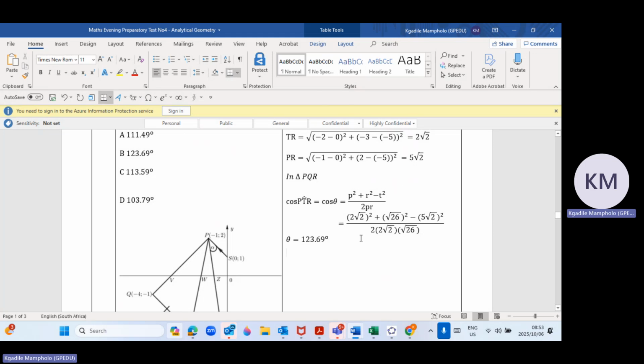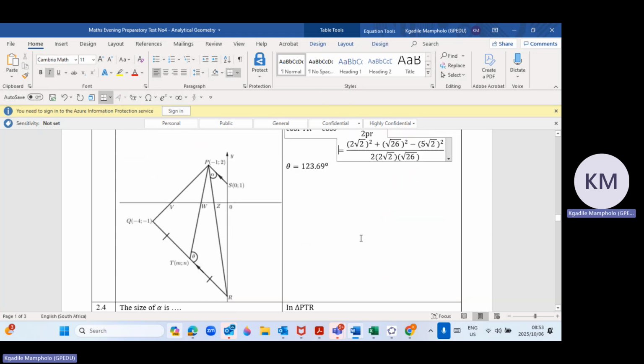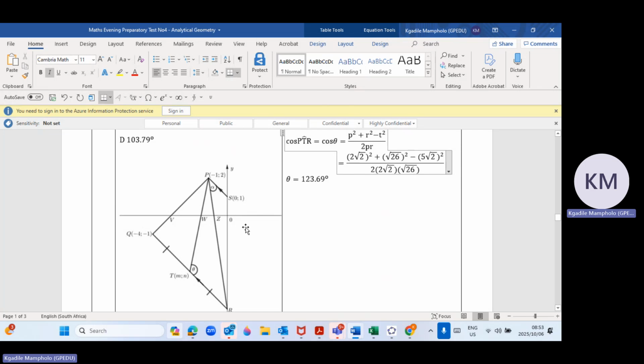Now you can use the cosine rule. We know that because we are calculating theta, which is angle PTR. So we'll say cos t equals p squared plus r squared minus t squared.